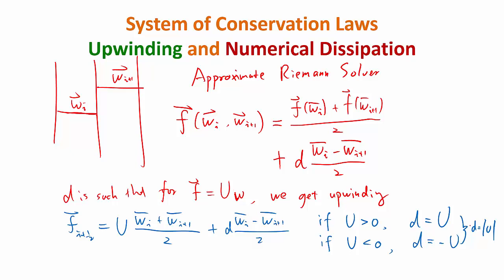And as long as we take D to be as large as the magnitude of the fastest characteristic, we are going to be fine. We have enough numerical dissipation to upwind all the characteristics.